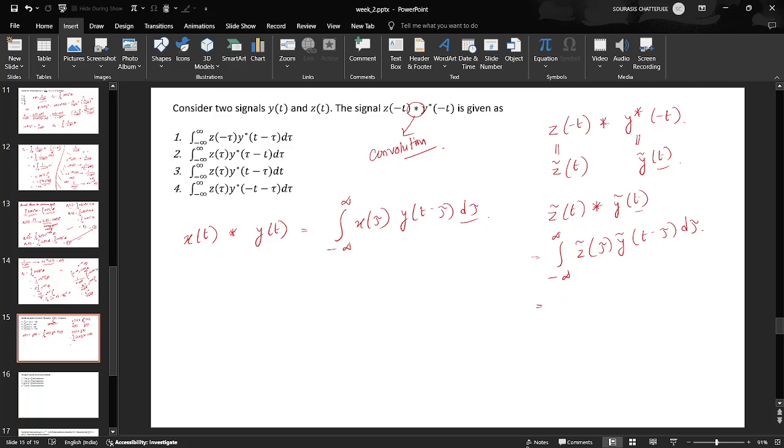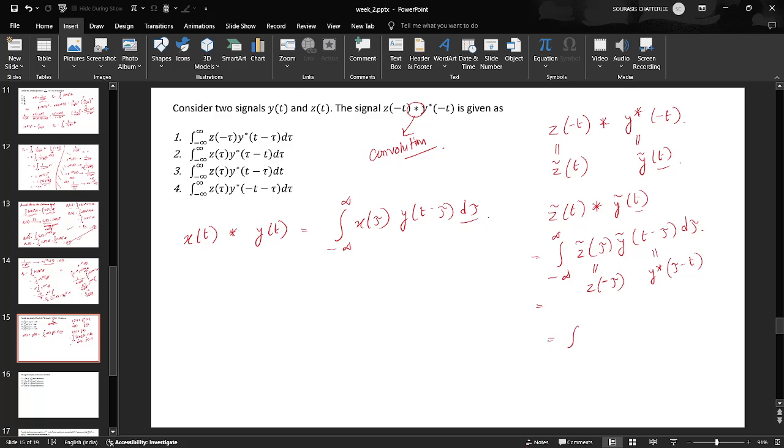So z tilde of tau is nothing but z of minus tau, and y tilde of t minus tau is y star of tau minus t, right?